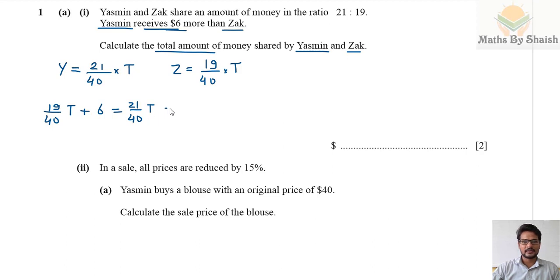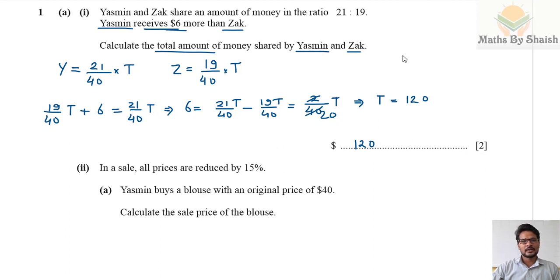If we simplify, we get 6 equals 21T over 40 minus 19T over 40. Since the denominator is the same, we can simply subtract the numerators, and 21 minus 19 is 2. So 2 by 40T, that is T over 20, and hence T would be 20 times 6, which is 120. So the total amount is 120.